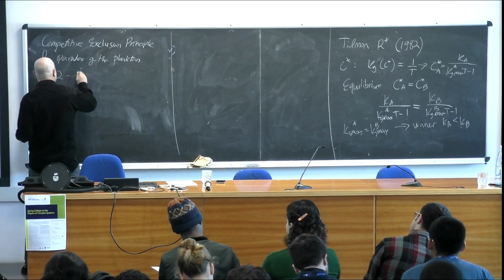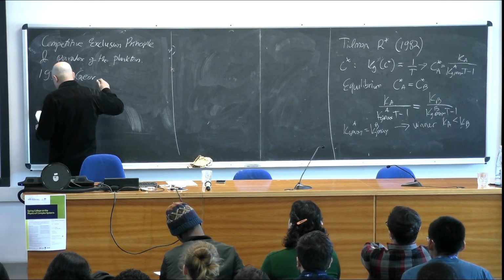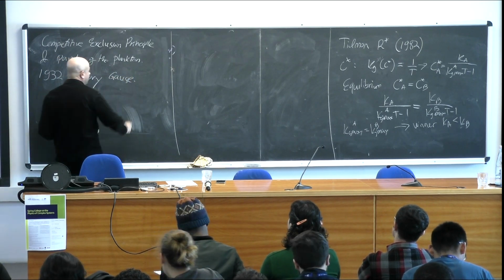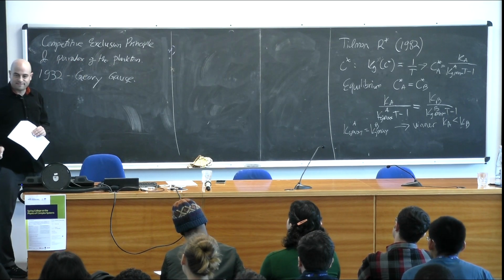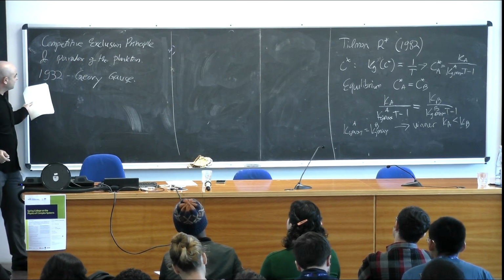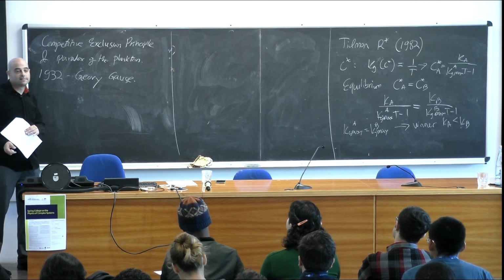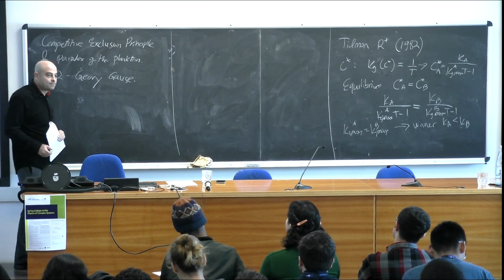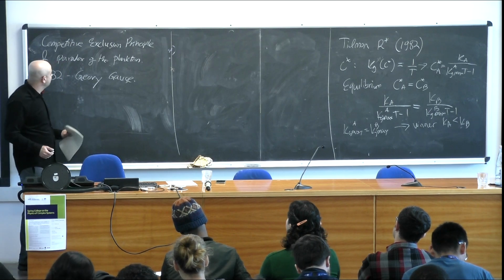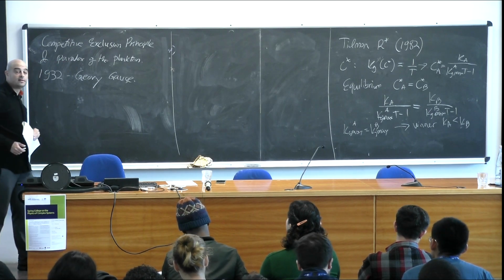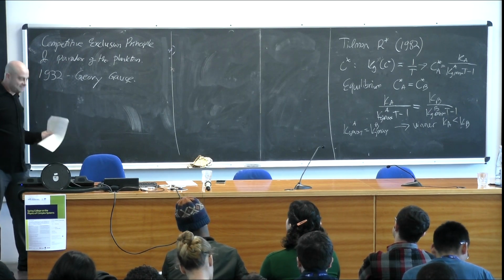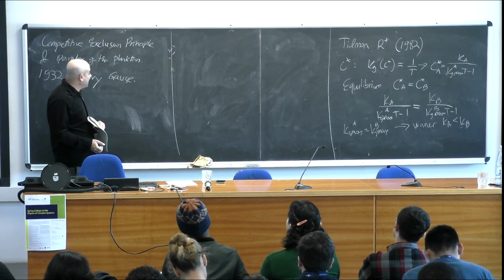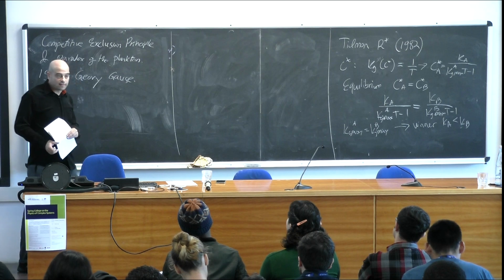So we go back to 1932 to a chap by the name of Georgii Gause, not to be confused with Carl Gauss. And he was a Soviet scientist studying the growth of bacteria. He's actually quite an interesting person because after he did this competitive exclusion principle, which we still teach today, he actually went on to develop antimicrobial treatments, right?